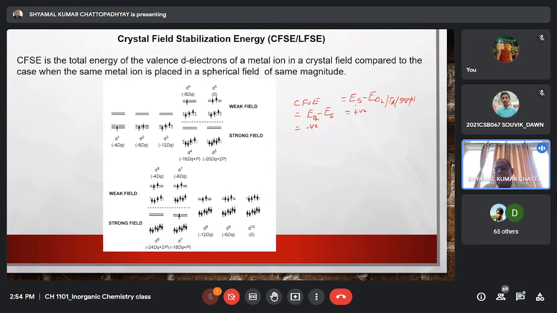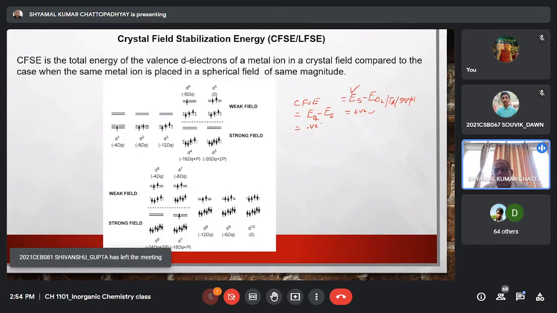That means they are taking the energy gap between the spherical symmetry metal ion, minus the metal ion in an octahedral, tetrahedral, square planar or trigonal bipyramidal geometry, and they find out how positive this value is, because this value will be higher, this value will be lower, right? Because of the crystal field splitting, the energy will be lower here, and so this gap, in a positive sense, is called crystal field stabilization energy.